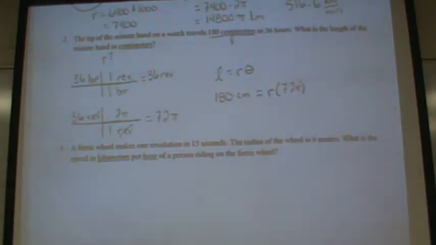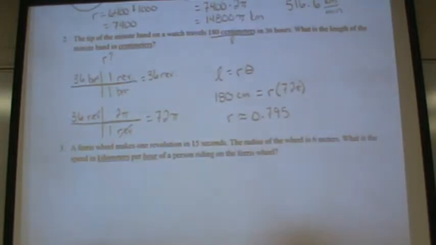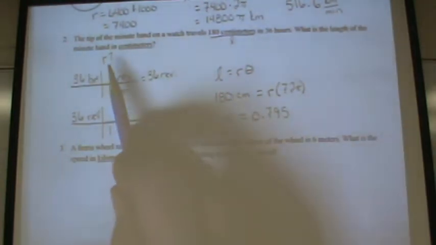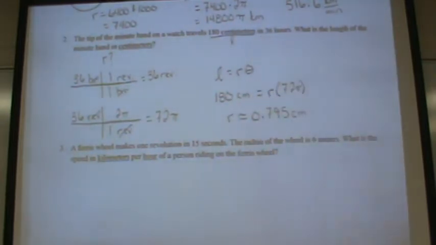So we're going to divide 180 by 72 pi, and we get that R is approximately 0.795. So the minute hand on our watch is approximately 0.795 centimeters, because our 180 was in centimeters.